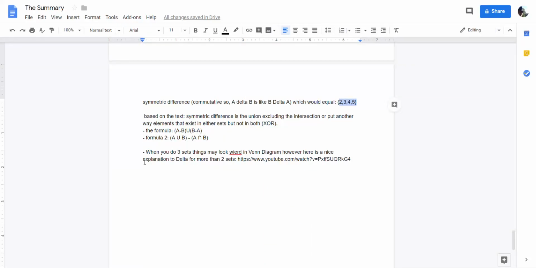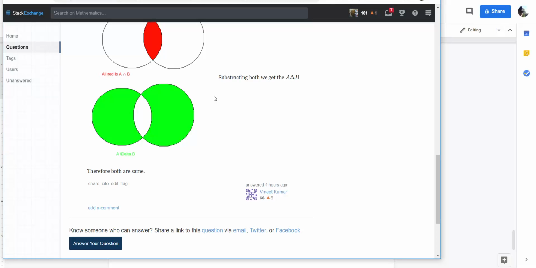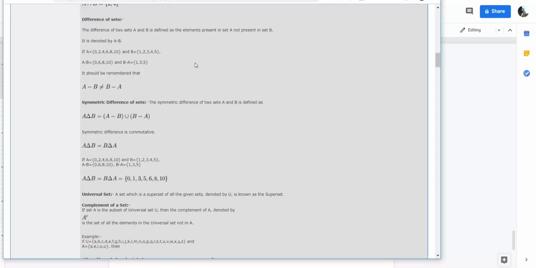And again, this is the formula on how to do the symmetric difference, and this is how we came about this. So this is out of the way now. So symmetric difference is all clear now for us. Now we should proceed forward.